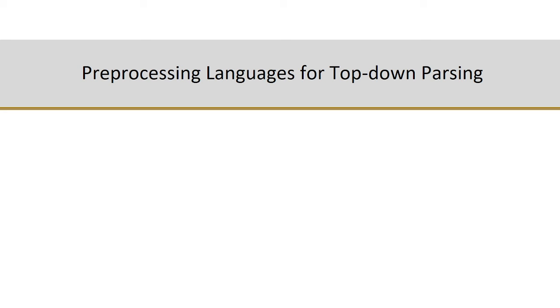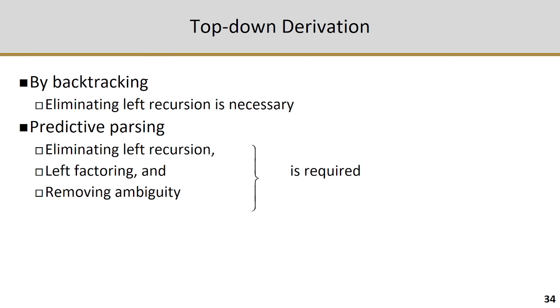And finally, let's see what are the necessary properties of grammars to be able to apply either predictive or backtracking algorithms for top-down parsing.